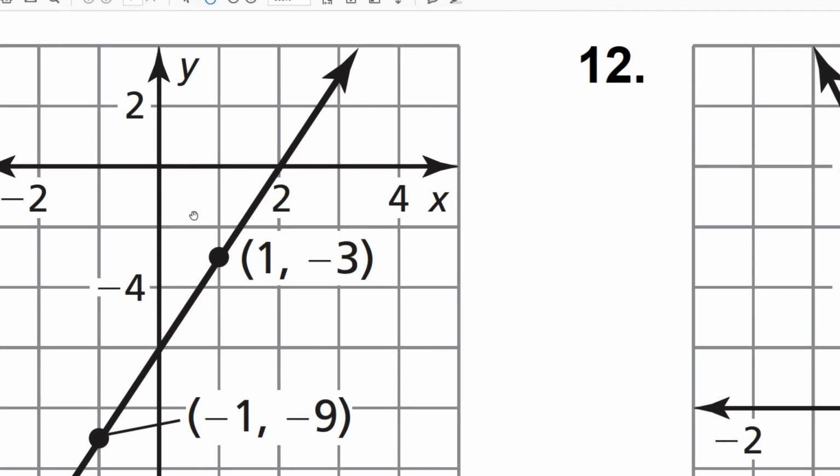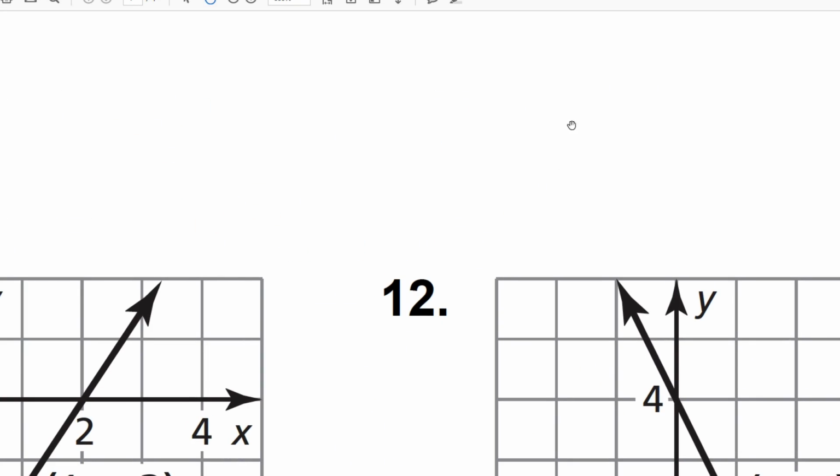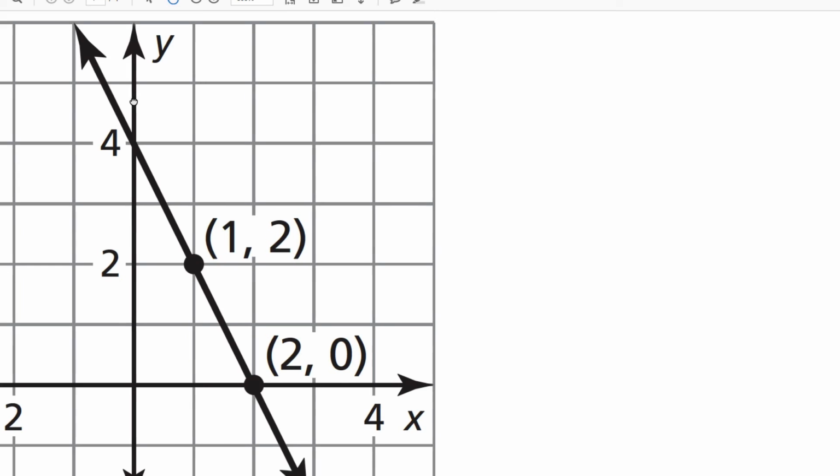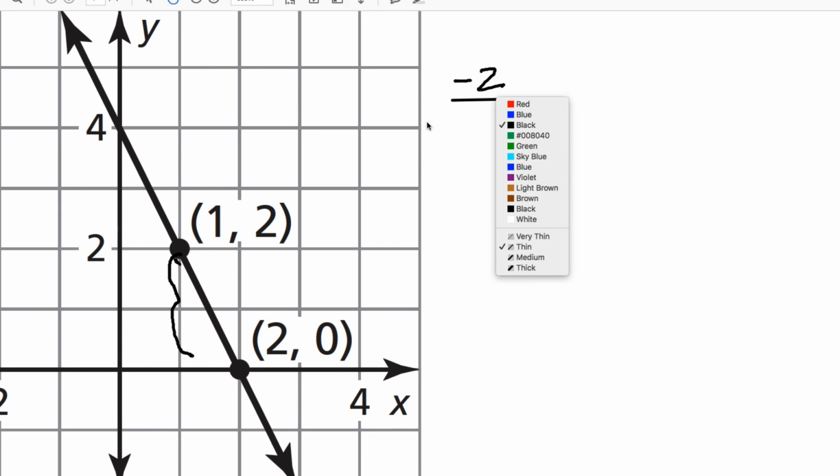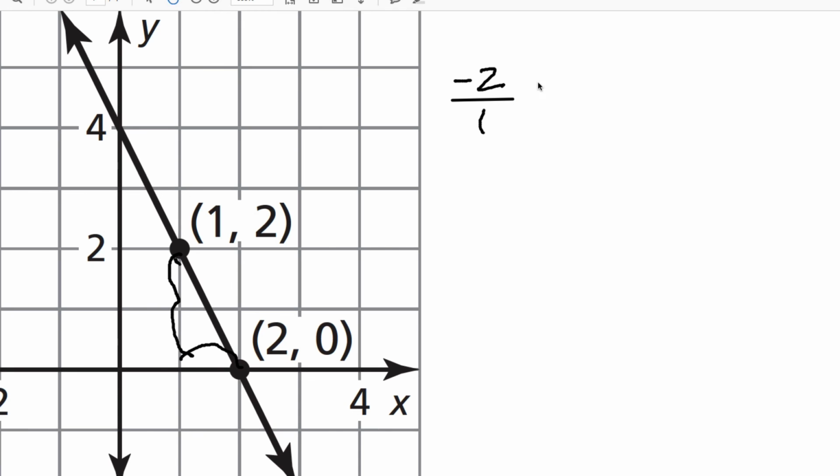I'll do one more graphing, and then I'm going to let you do the remaining on your own. Down 2 and over 1. So that's a slope of -2.